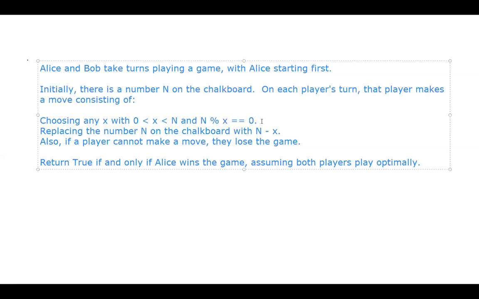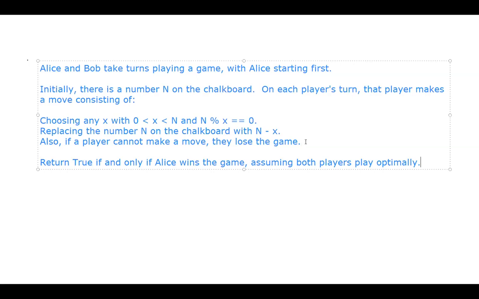Once you play a move with a certain number x, you pass on to the next player the difference between n and the number that you played with, and then the other player makes a move. The game continues until a player reaches a situation where he or she cannot make a move.